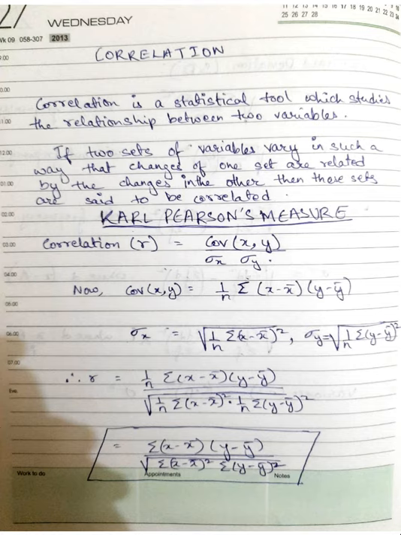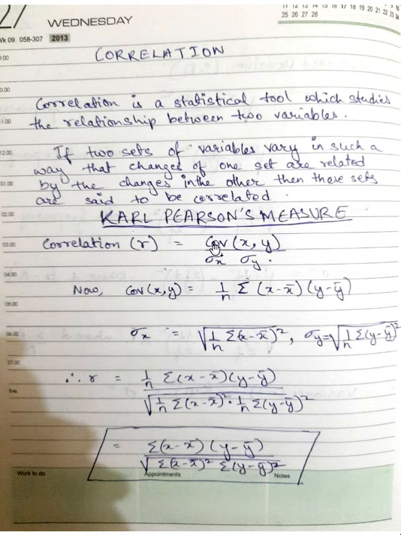So Karl Pearson came up with a formula that could give us a measure of correlation. And what was that formula? Karl Pearson defined correlation, which is denoted by R, as covariance between x and y divided by standard deviation of x and standard deviation of y.